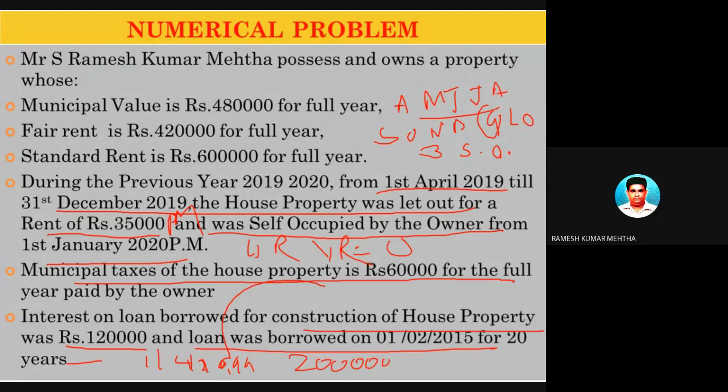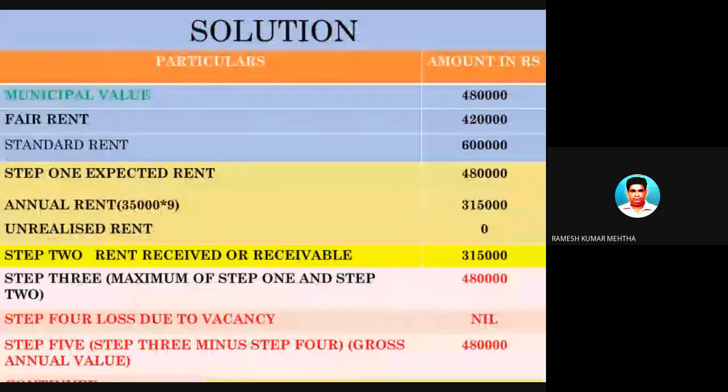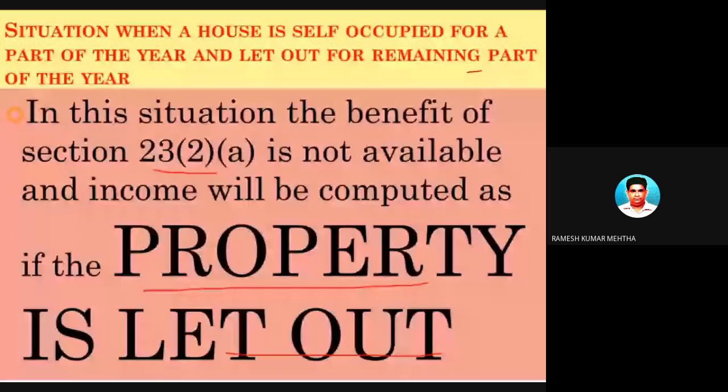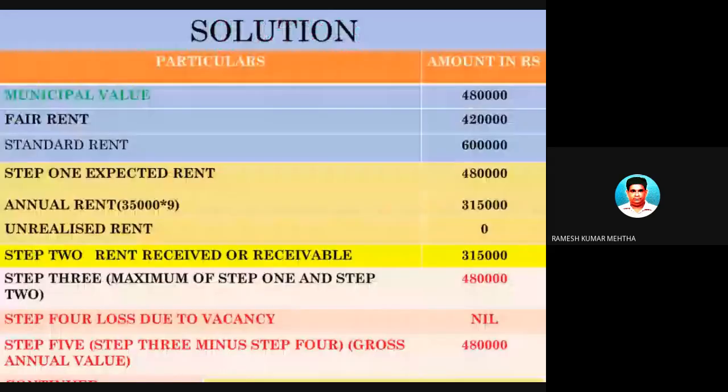Let's do the problem. In such a case, where a part of the year it is self-occupied and the remaining part of the year it is let out, as I already told, assume that this house property is let out, and you are denied the benefit of section 23 subsection 2 and subsection A. We are supposed to do the problem as if the house property has been let out.